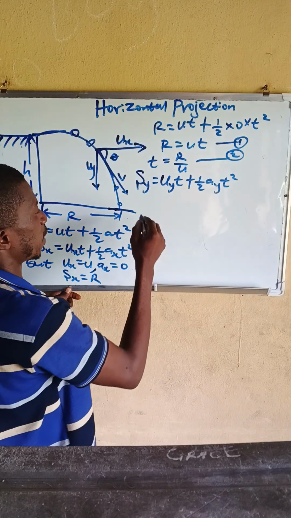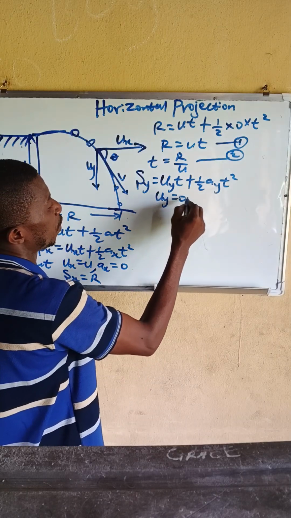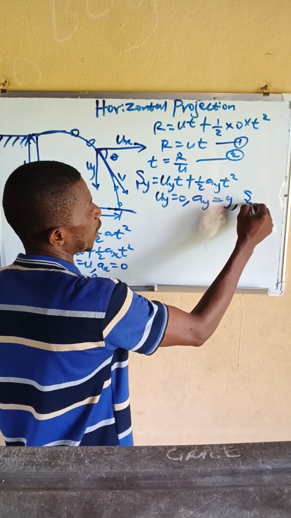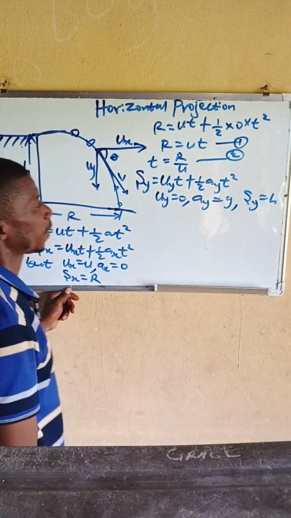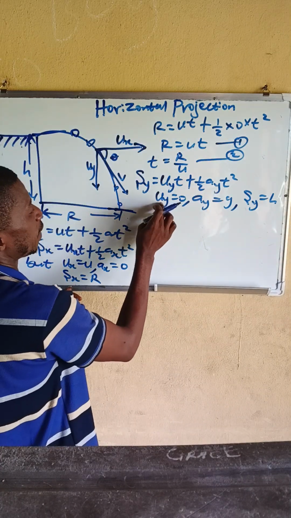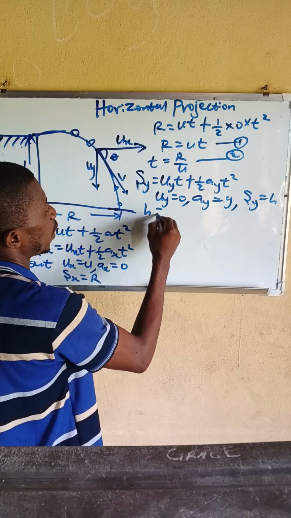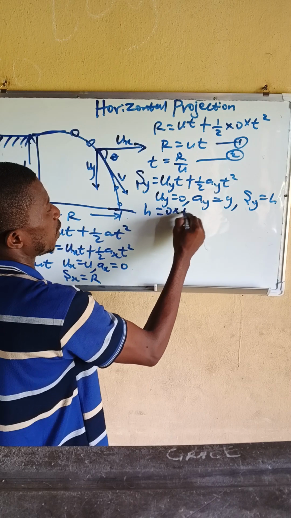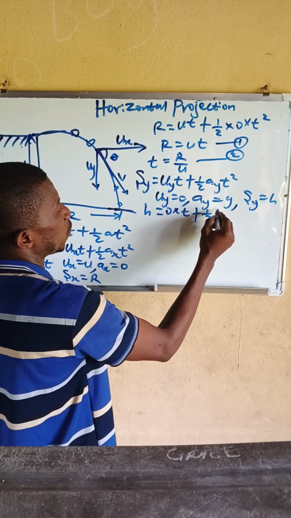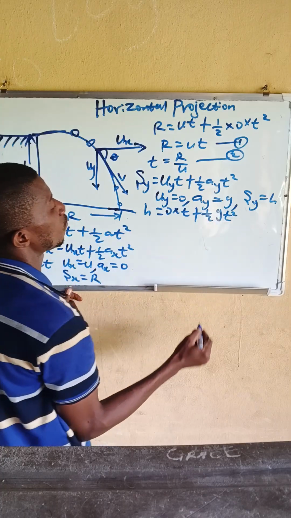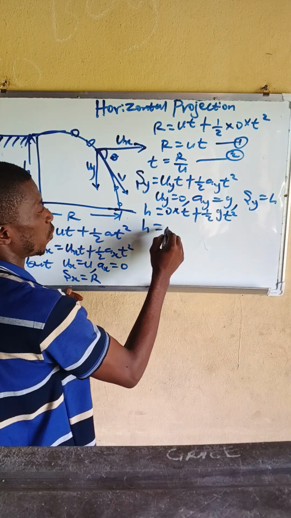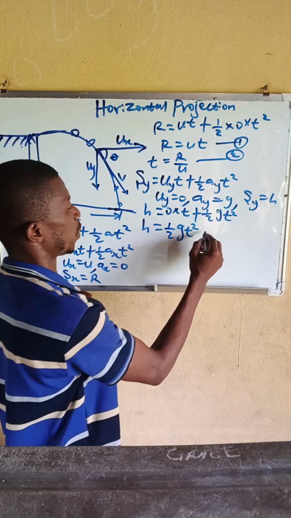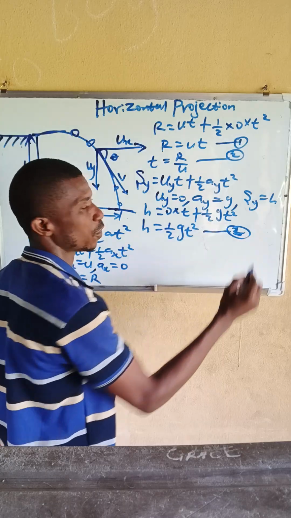Here uy is 0, ay is g, and sy is h, that's the height. So h equals 0 times t plus half gt squared. So h is half gt squared, this is my height. Call this equation 3.